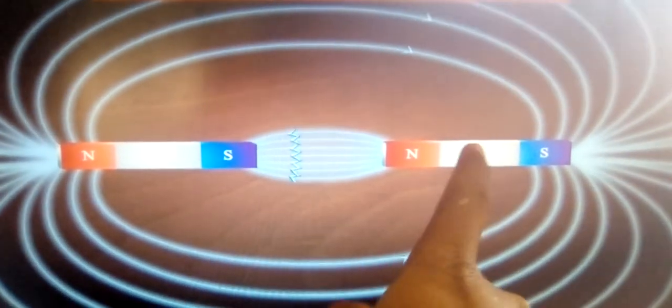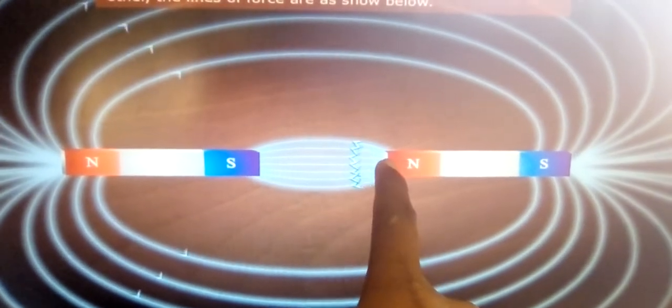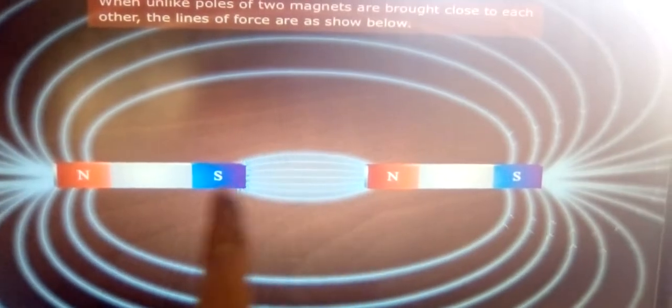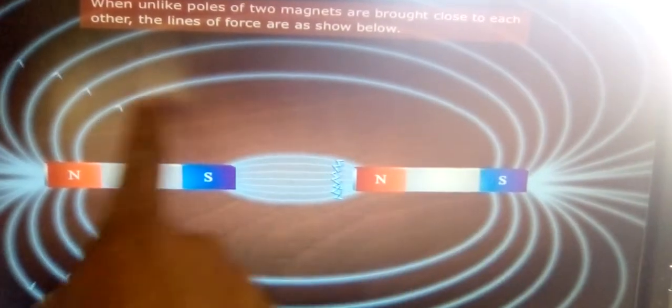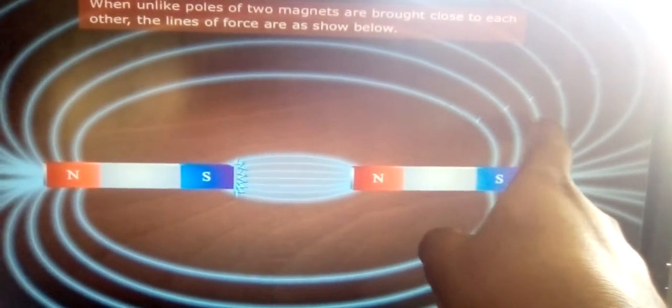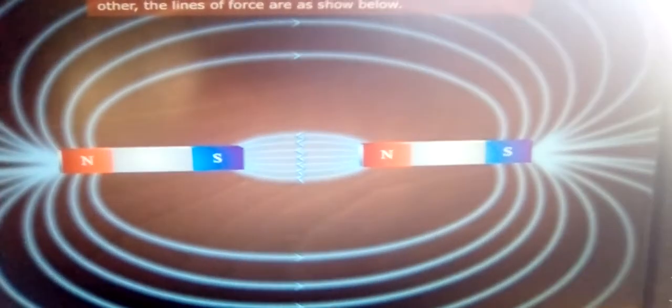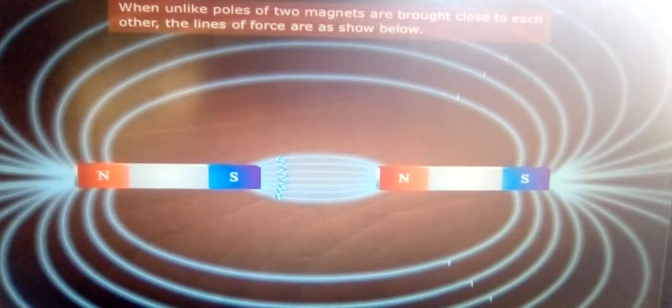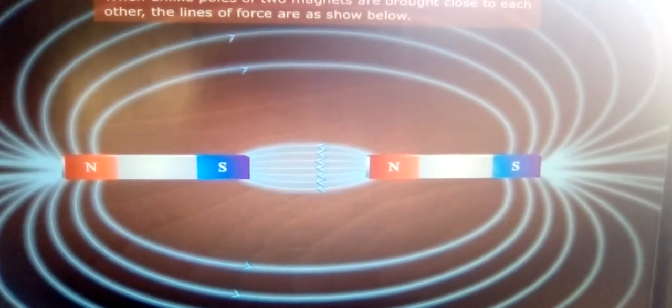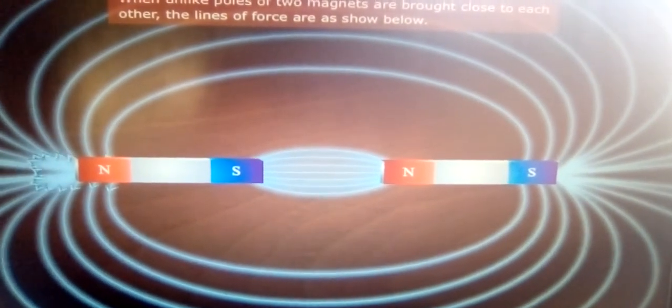We have lines of force running from north to south, but there are other lines of force running from this north to south, north to south. Like that. So this is it when you have drawn everything, what will be shown ideally.